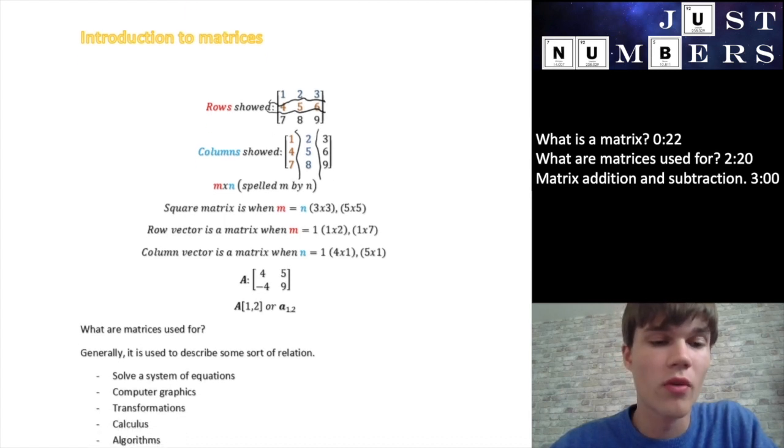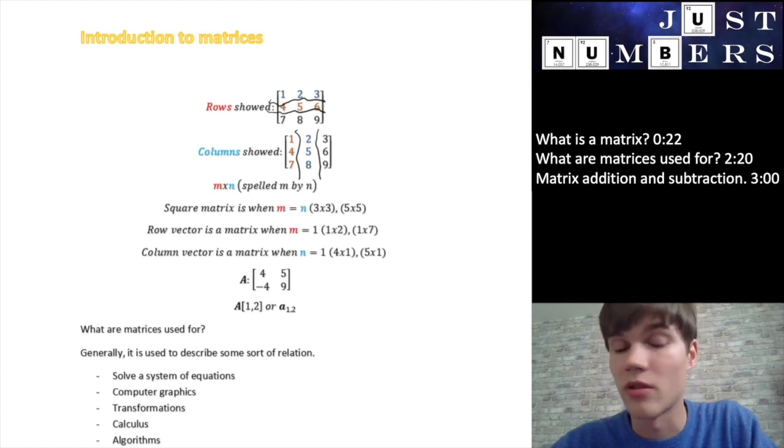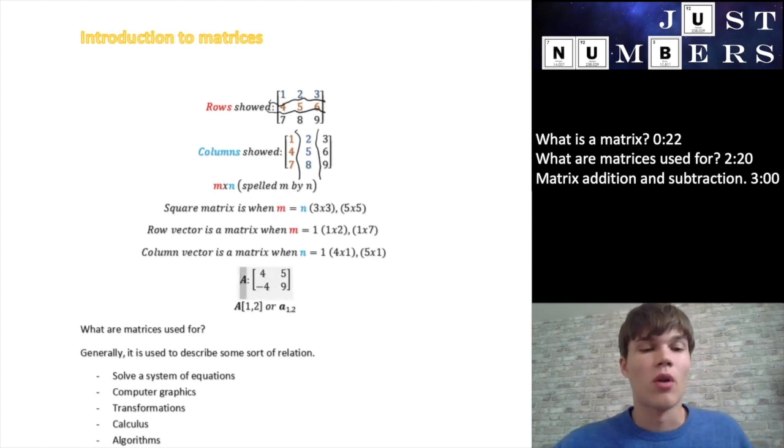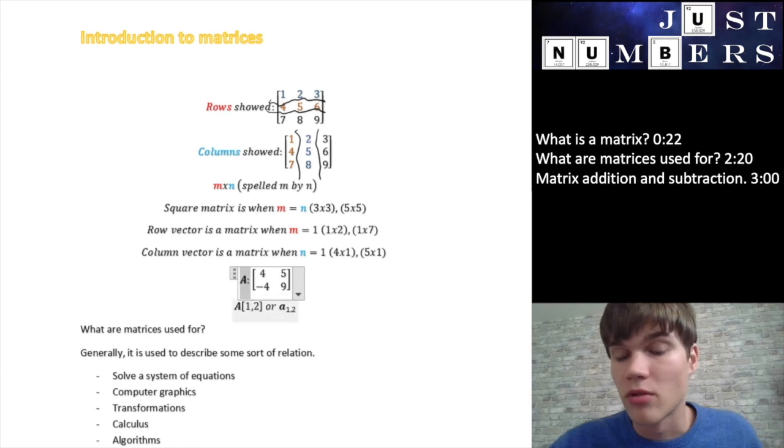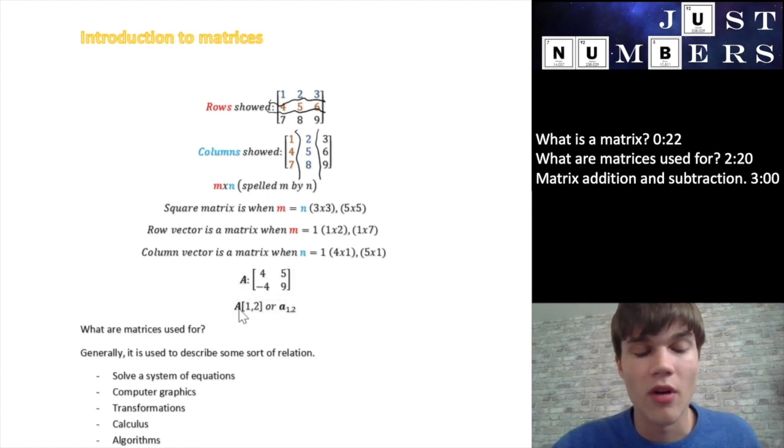When you read about matrices, they will often be described with bold symbols to show that it is a matrix. And often there are some numbers behind that show the amount of rows and columns the matrix has.